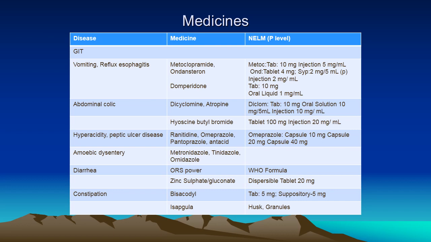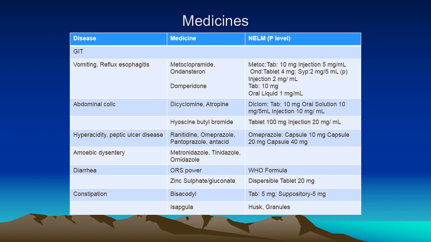Among the anti-secretory drugs for hyperacidity, ulcer disease, and reflux esophagitis, we have already discussed omeprazole as a standard of care and a very important effective drug with comparative safety. Therefore, oral omeprazole can be chosen. If there is an emergency, then injection ranitidine is also available.